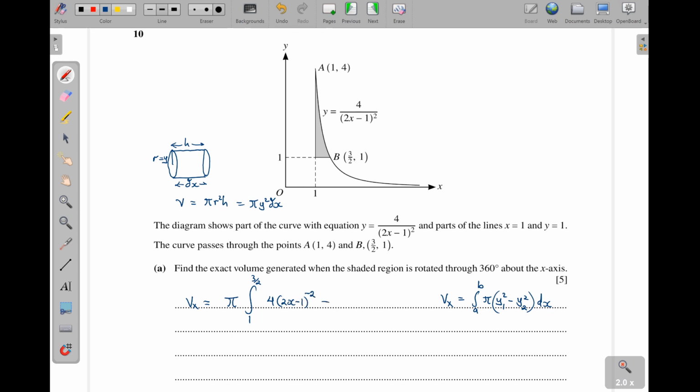Remember, this one has to be squared, just like I wrote here. Then minus y equal to 1 here. You see this one here? It must also be squared. So we have that with respect to x.